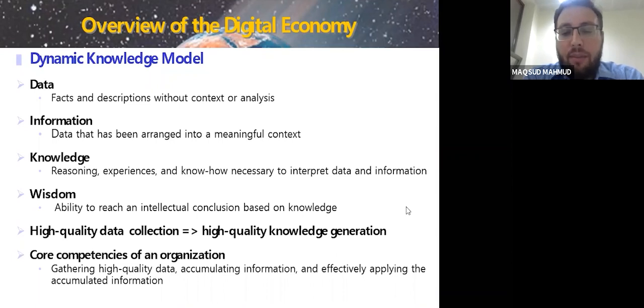It is also about accumulating information and effectively applying the accumulated information. So this is one of the dynamics of the knowledge model, which starts from data and then goes through information, knowledge, wisdom, and high quality information.